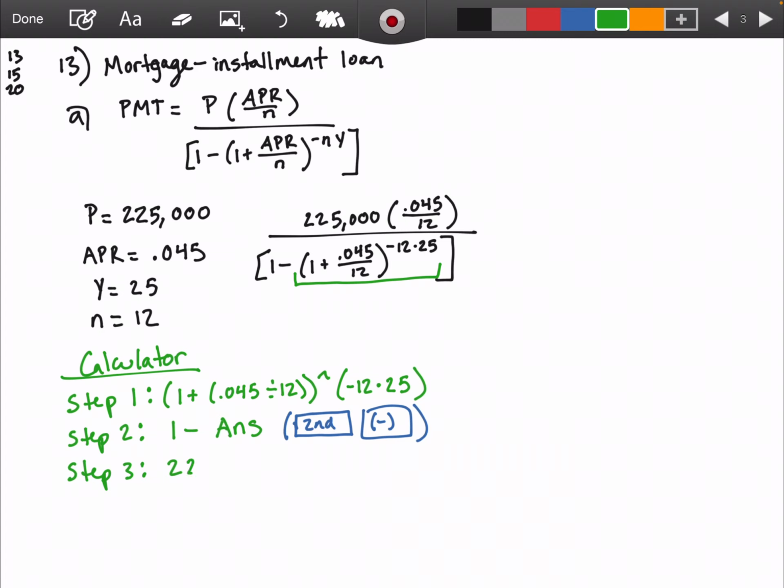Then I'm going to do 225,000 times 0.045 divided by 12.